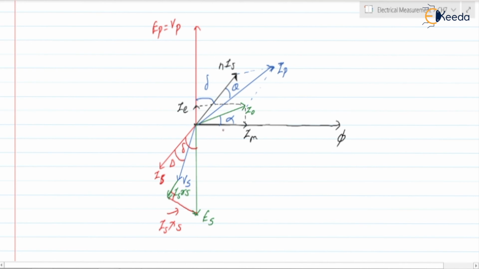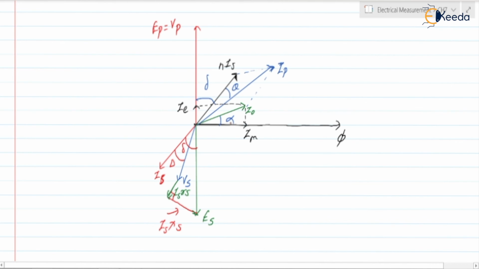Next, NIS plus I0 is nothing but IP. The angle between NIS and EP or IE is equal to delta, the angle between NIS and IP is theta, and the angle between I0 and Im or phi is alpha.